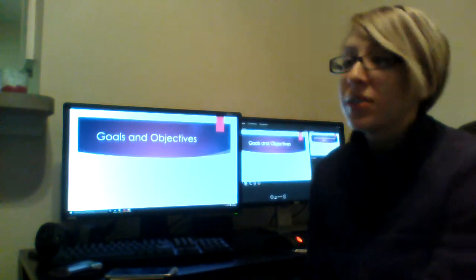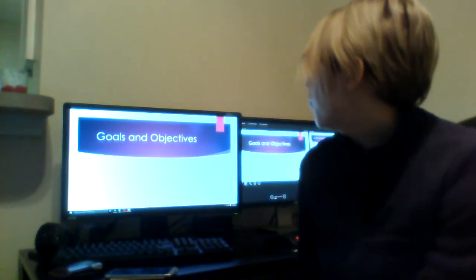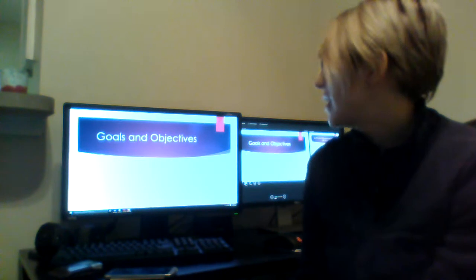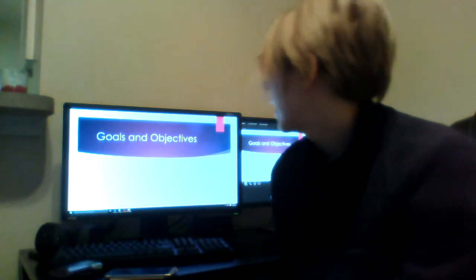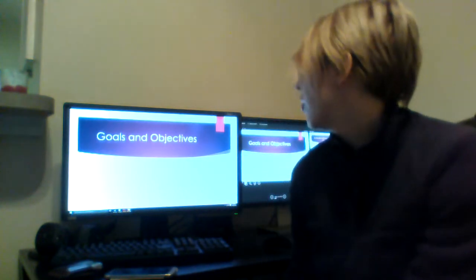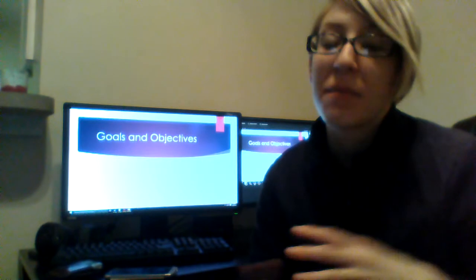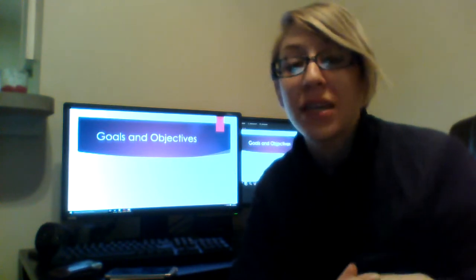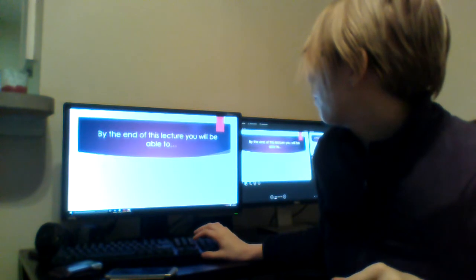Goals and objectives for today. The goal for today is to improve the education and awareness that you all have on the link between poor home care and a cariogenic diet to early childhood caries. Caries, better known as cavities, so I may use that word interchangeably, and we'll elaborate on that in just a moment.